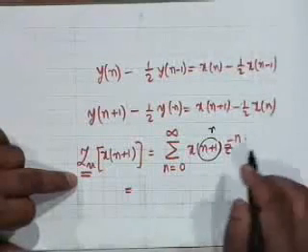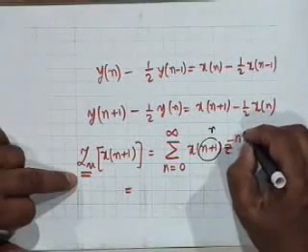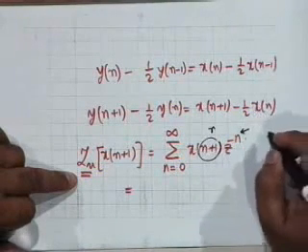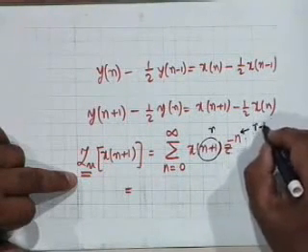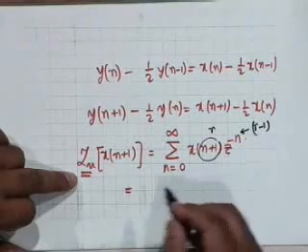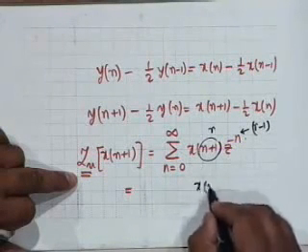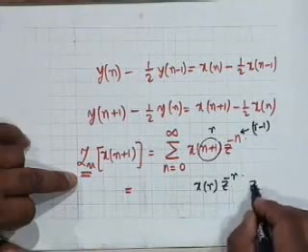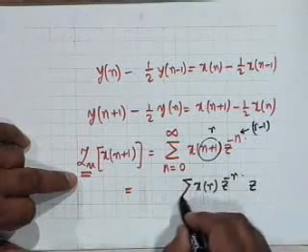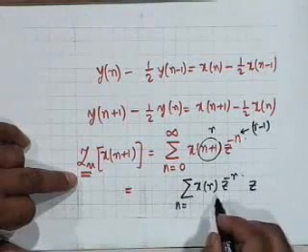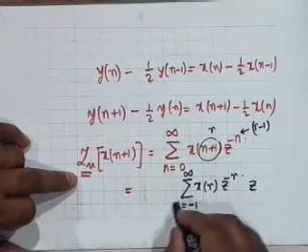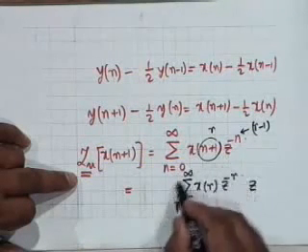Let's do it this way. Then n becomes equal to r minus 1. Alright, so what we have is x of r, z to the minus r, then a multiplication by z, and this goes from r equal to minus 1 to infinity.